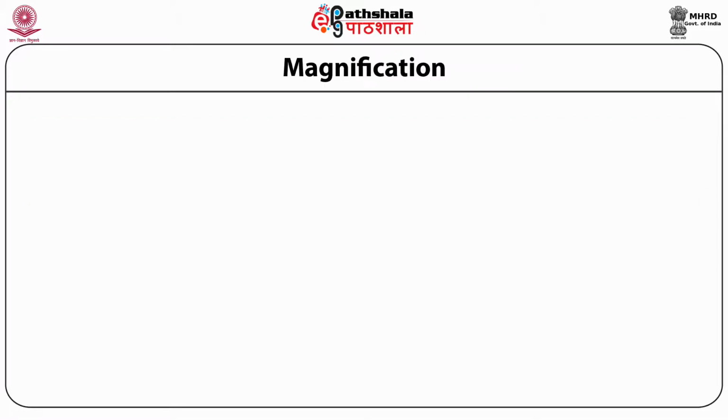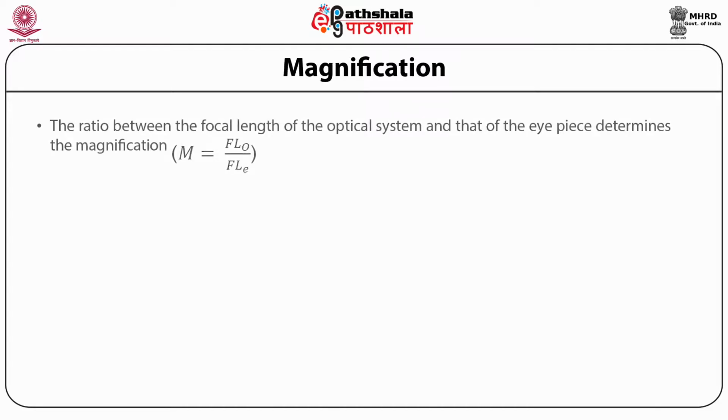One more important term that we discuss in the functioning of the telescope is magnification. Magnification, we define it as the ratio between the focal length of the optical system and that of the eyepiece. So, magnification is the focal length of the objective to the focal length of the eyepiece.